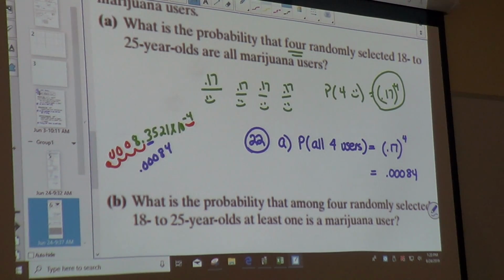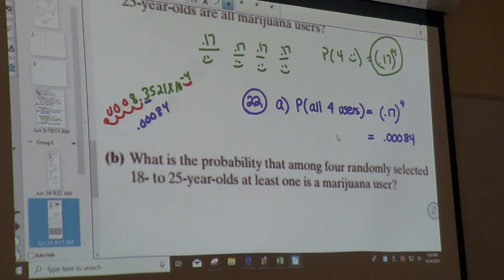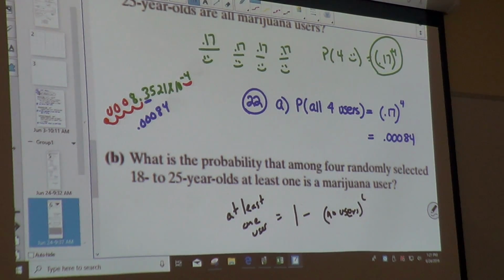So when I say at least one, we're going to do 1 minus the 0.17 to the 4th. Ooh, no. What is this? At least one user is going to be 1 minus no user to the 4th.